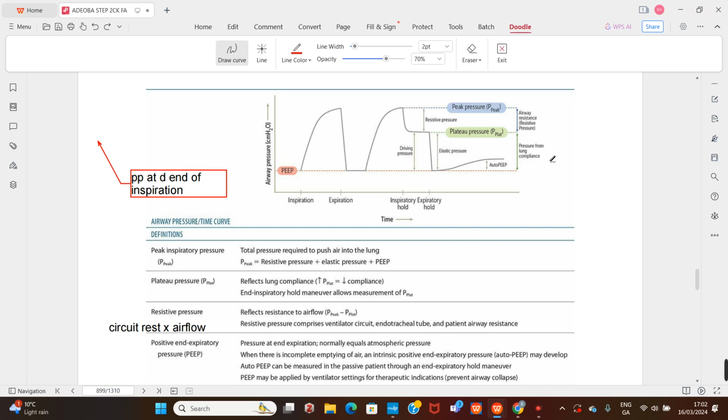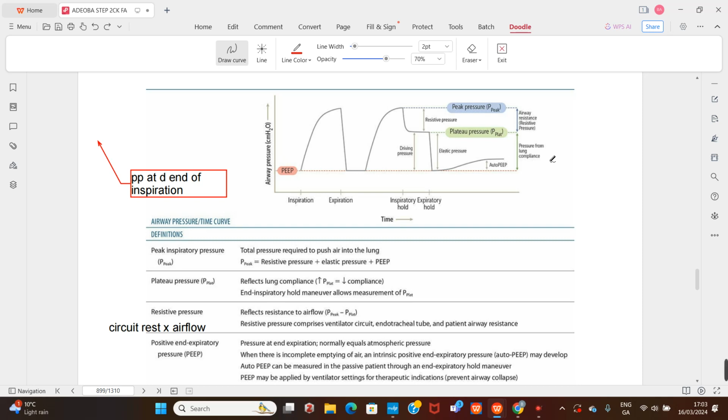Does that make sense to us? Elastic pressure is the pressure that is exerted when the lung chamber has a high tendency to come together, to collapse. And that tendency is increased in restrictive lung disease. They have a high tendency to recoil, to collapse. Hope we agree that the compliance in restrictive lung disease is very small, right? They cannot stretch.